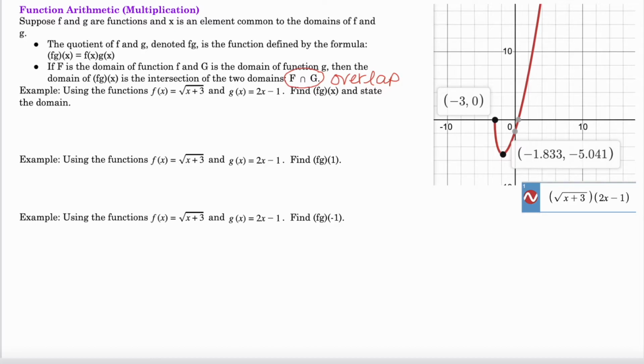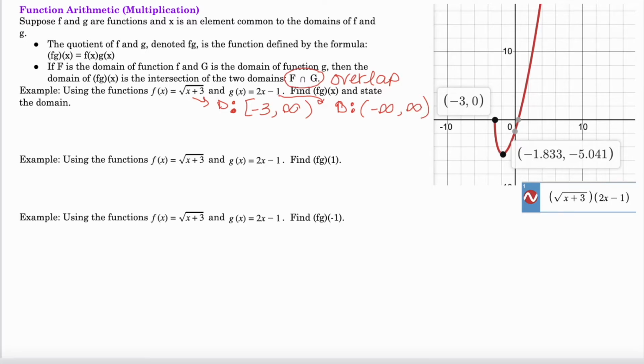We have the same functions with which we started, the square root of x plus 3 and our 2x minus 1. Here we said the domain was from negative 3 included to positive infinity, and the domain of g of x, we said, because it's a linear line, is from negative infinity to positive infinity.